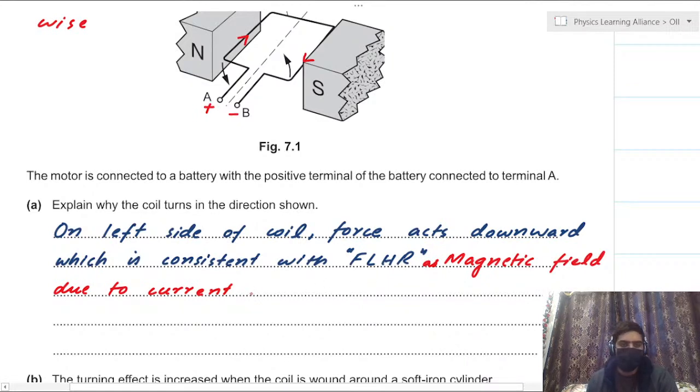As magnetic field due to current interacts with magnetic field of permanent magnets.